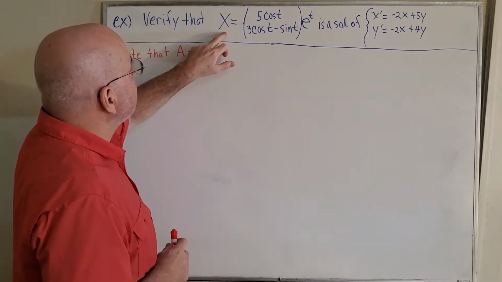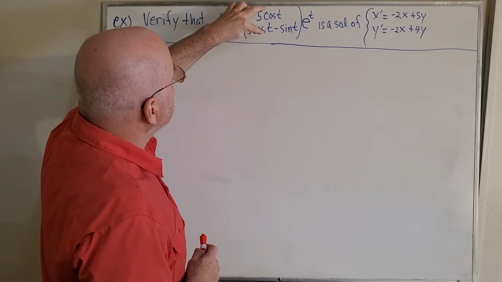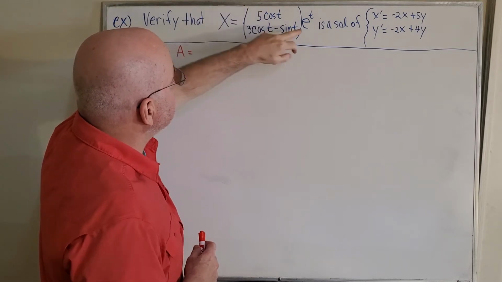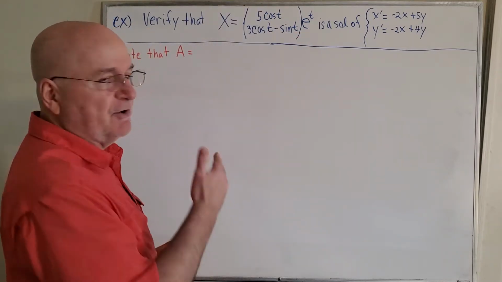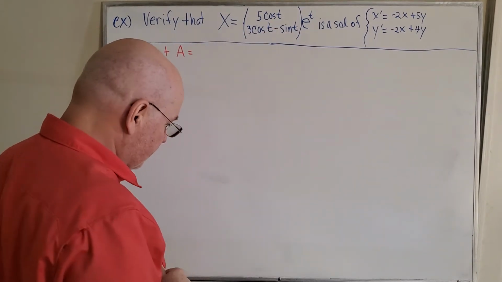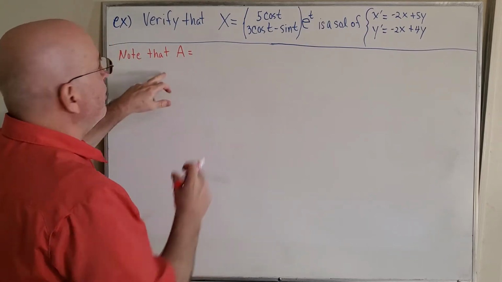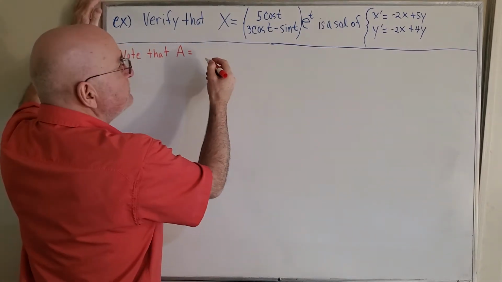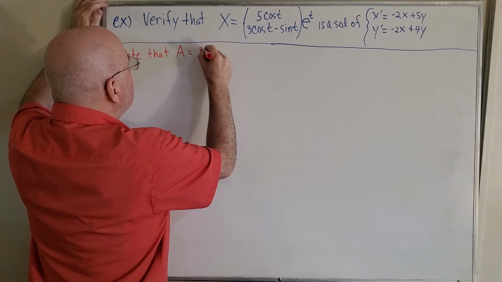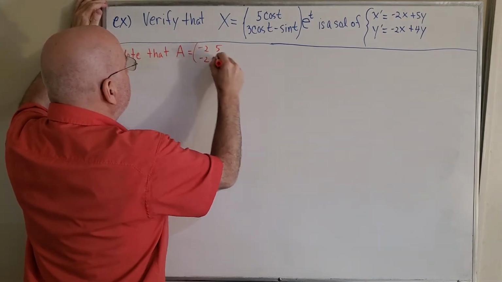So x is the solution, this one column matrix times e to the t. So I'm going to write that differently. I'm going to multiply the e to the t in here in just a minute. So let's note first that our coefficient matrix is -2, 5, -2, 4.